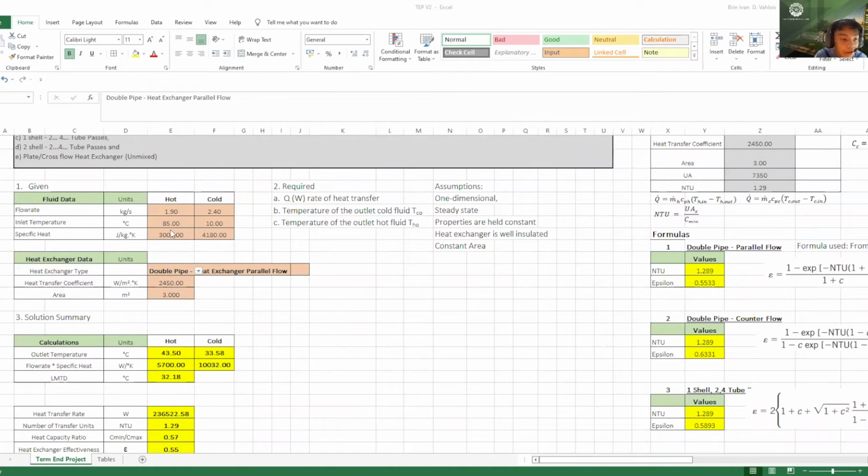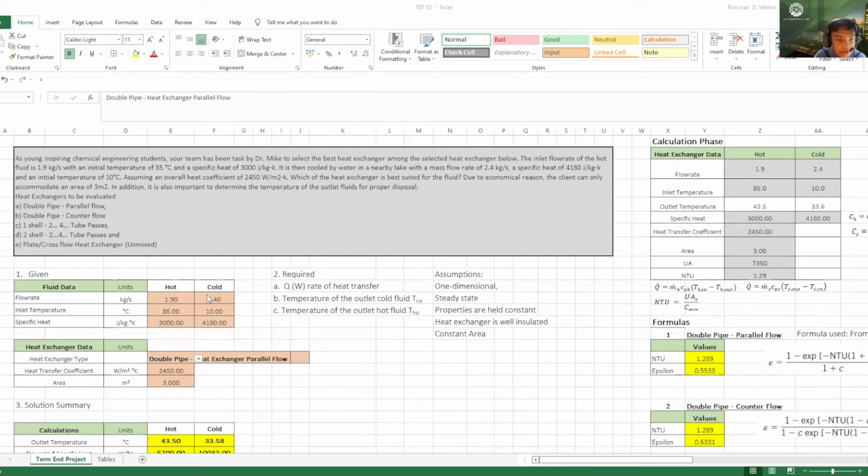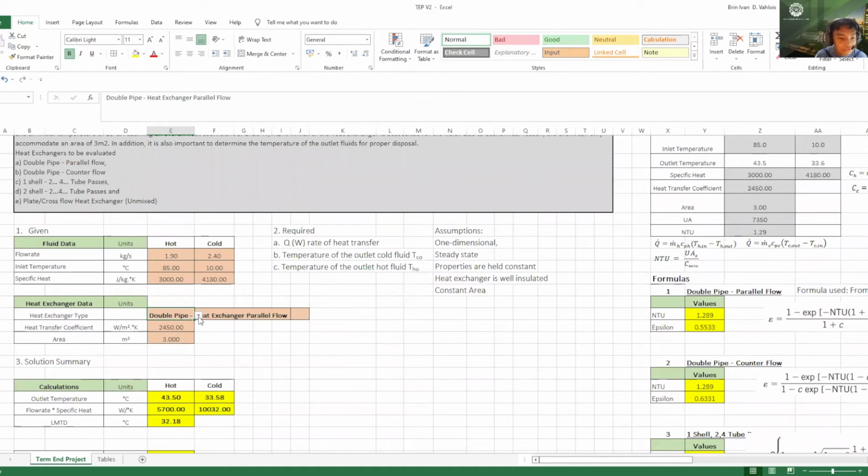We first input the data of the problem, which is 1.9, 85, and 3000 joules per kilogram Kelvin, and also for the cold fluid. For the heat exchanger type, you can choose among the five heat exchangers, with the necessary data below.